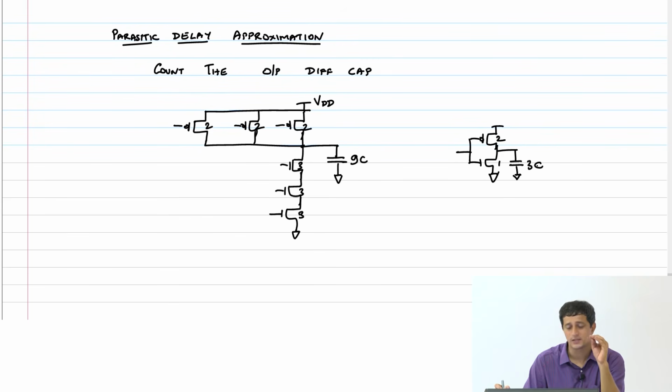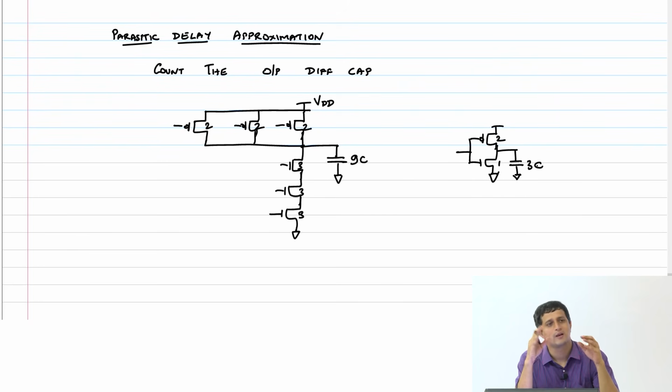Okay, what I am saying is, instead of that 7 RC, I am just saying make it 6 RC. It doesn't matter whether it's 7 or 6, because when I upsize the gate, it does not change. In some sense, when I do gate optimization later, you will find that this parasitic delay is just a constant addition and it does not alter any of my gate sizing algorithms.